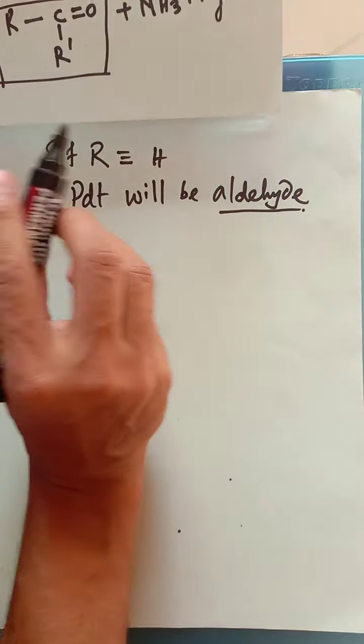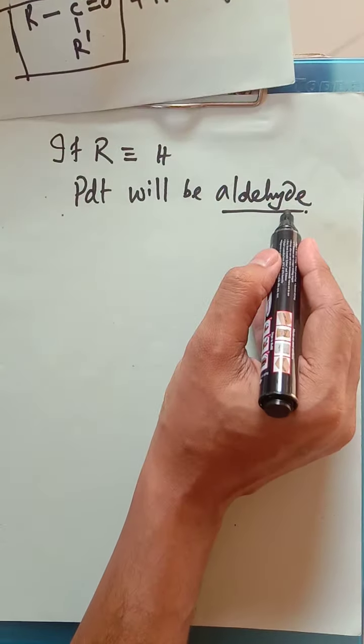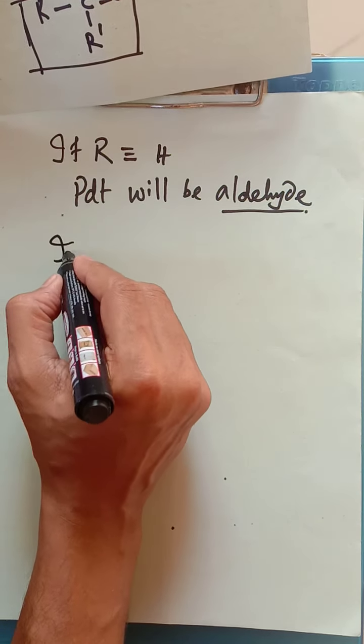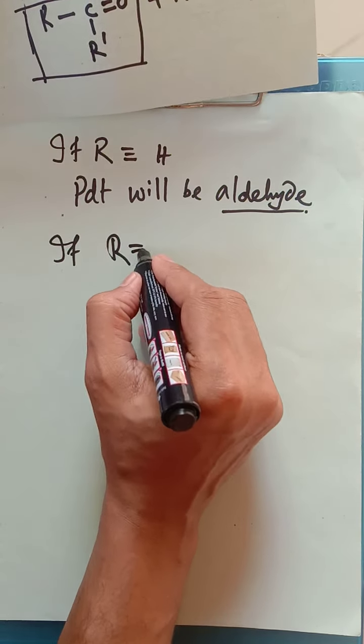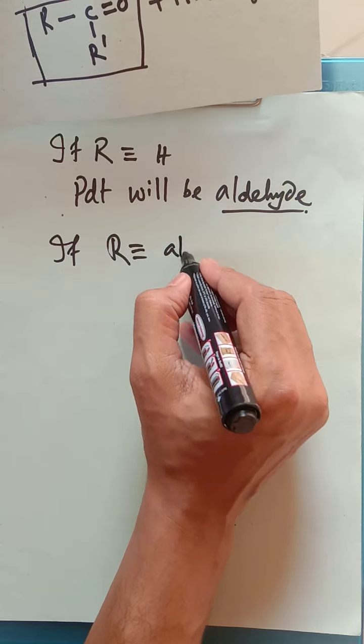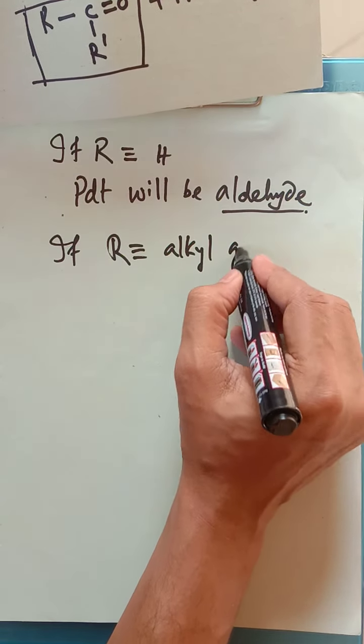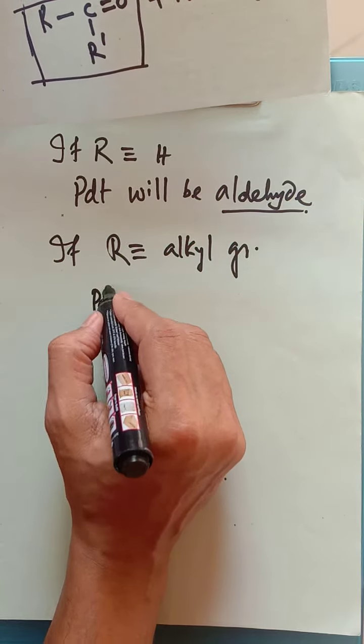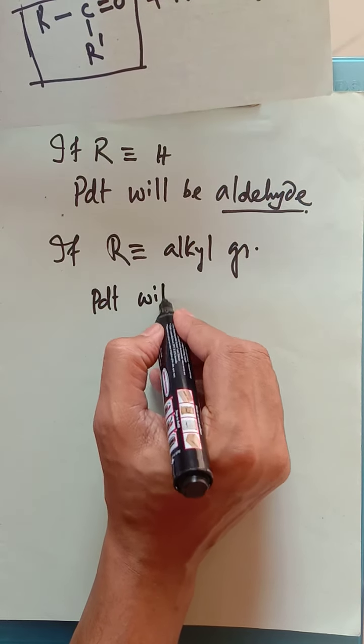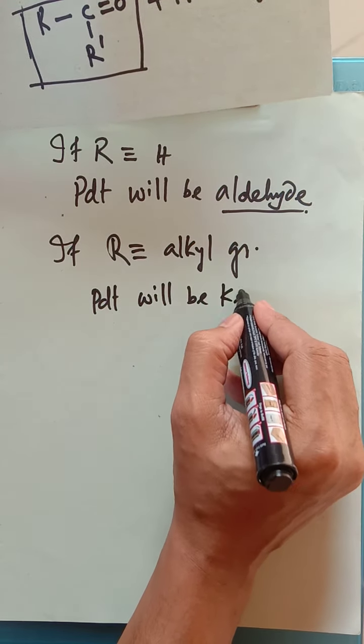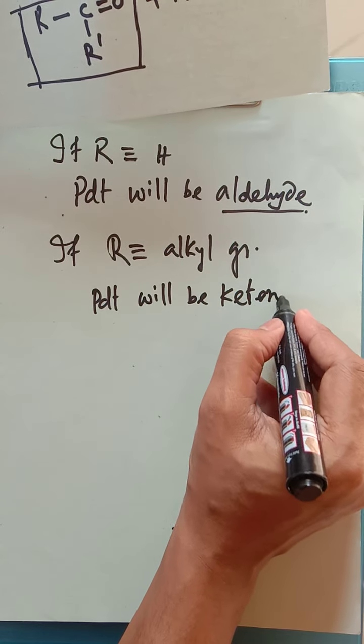Always we have to remember that only if R is equal to H, the product will be aldehyde. But if R is any alkyl group, then the product will be ketone. So you have to remember that.